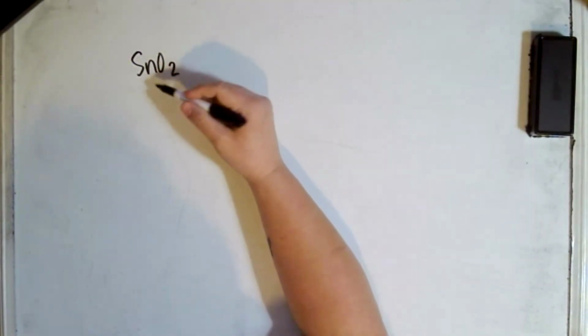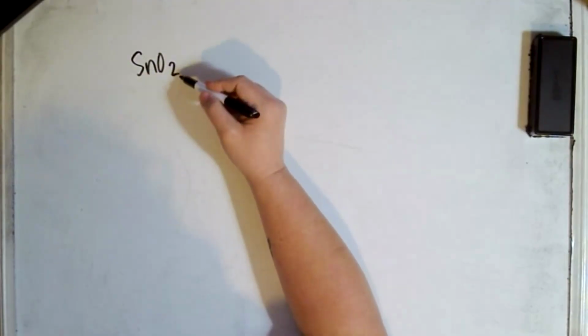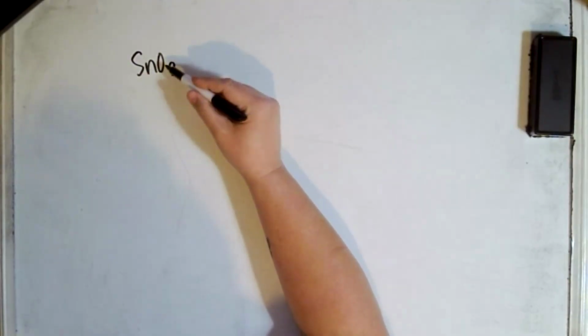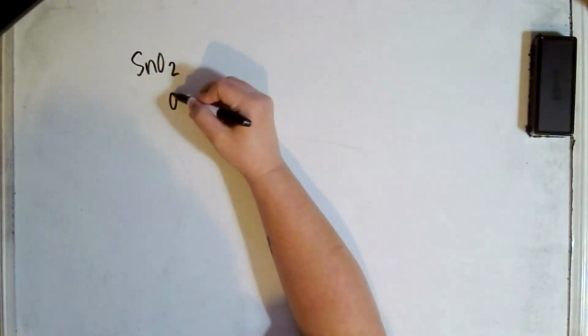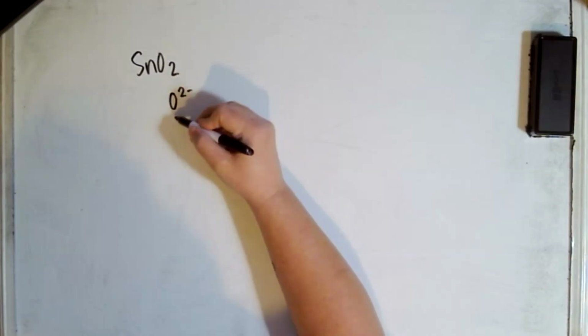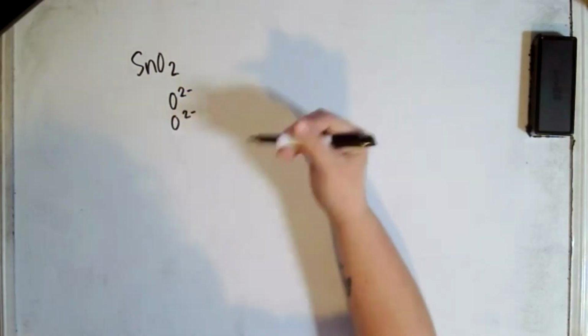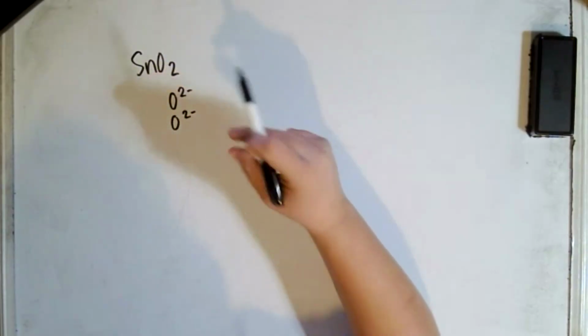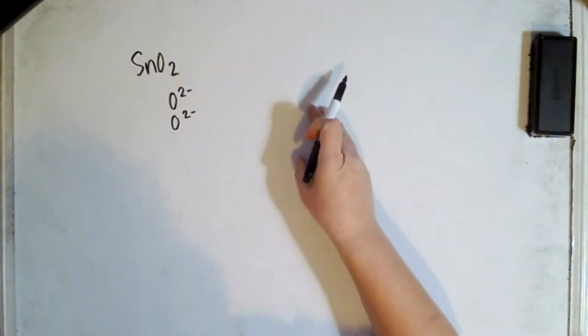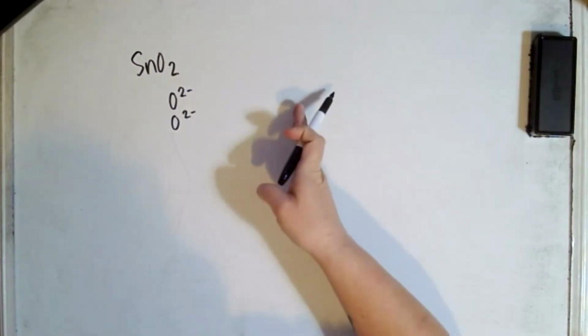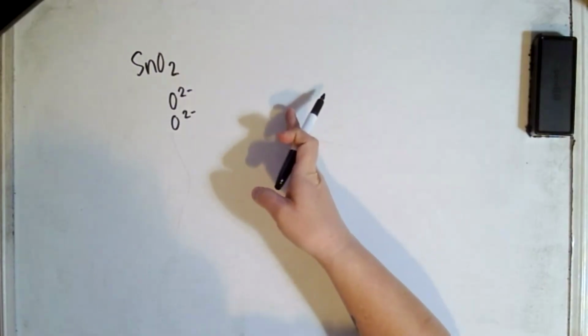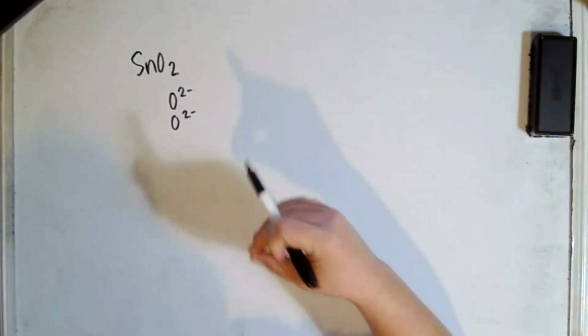And so we know that we're going to have to figure out what its charge is based on our nonmetal. We have two oxygens. Each oxygen is going to have a -2 charge. And we know that because oxygen is in group 6A on our periodic table. And everything that's in group 6A is going to have a -2 charge as an anion.